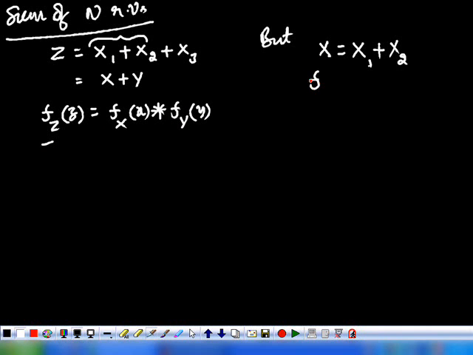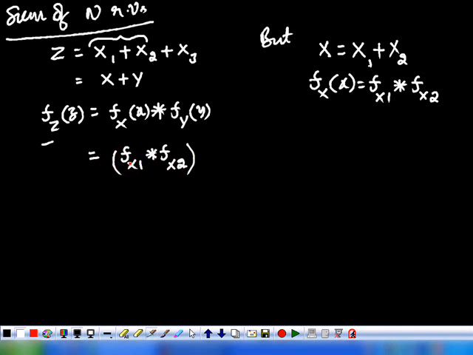But what is fx of x? This can be written as fx1 convolution with fx2, and fy of y is equivalent to fx3. So here I can replace fx of x by fx1 convolution with fx2, convolution with fy of y. What is fy of y?